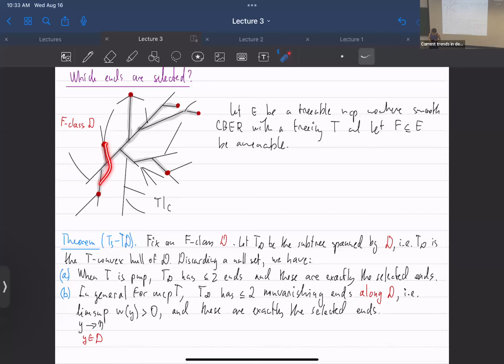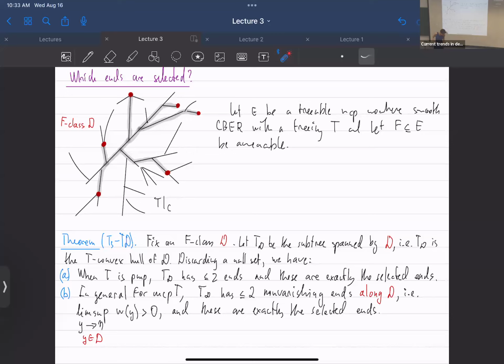You take the convex hull of the class, so you add more points, and you get a new tree for this class. It turns out this tree that you get in the convex hull has at most 2 ends. So guess which ends are selected? Those ends, right? So this is part A: the convex hull of each F class in fact has at most 2 ends in the PMP setting, and that's why these 2 ends are selected. These are the selected ends.